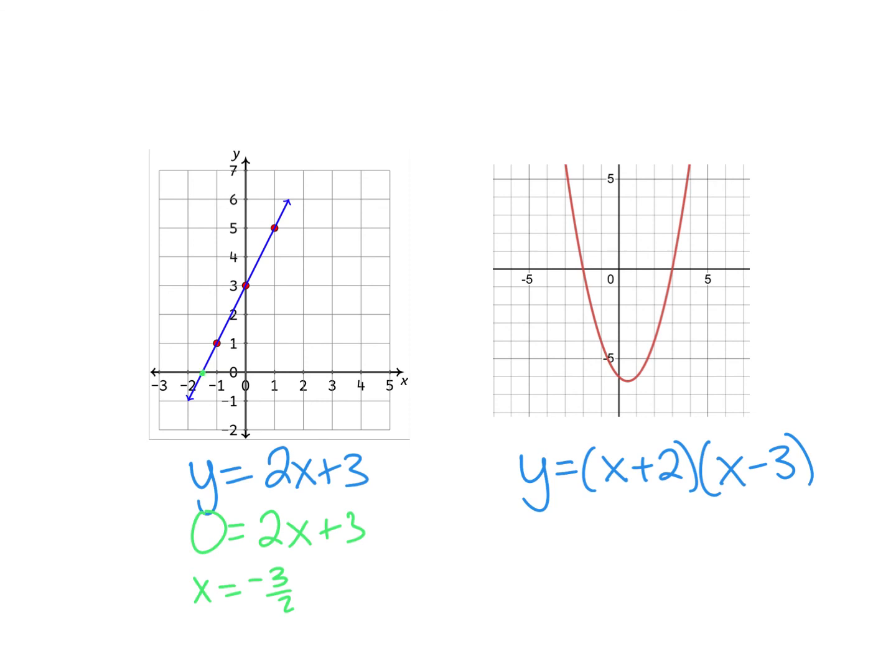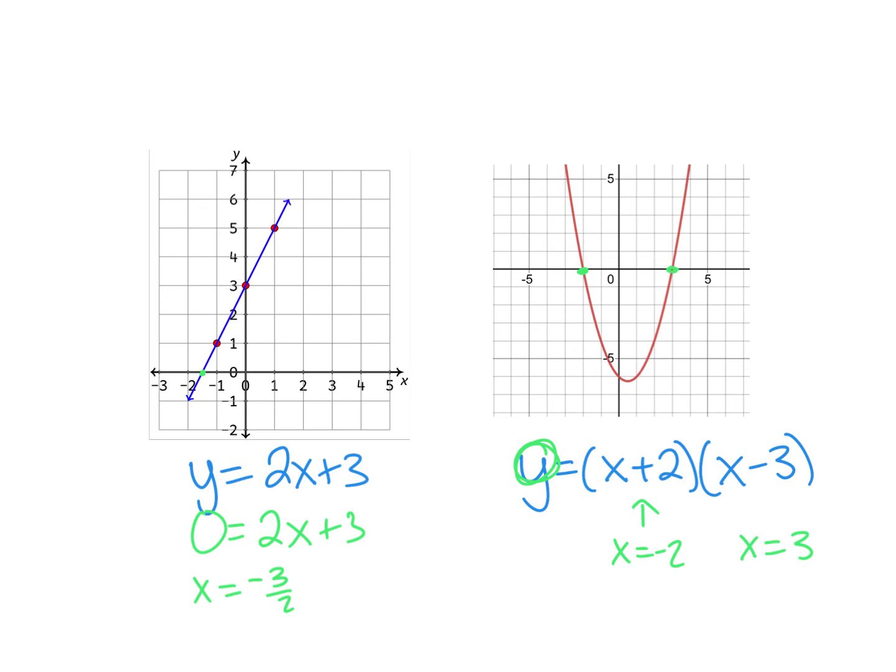But when we're dealing with things that are not linear, the x-intercepts become even more useful. So this equation I've written in factored form right here. And so I can see that my x-intercepts are x equals -2 and x equals 3, because my solutions when y is 0, which is how we find x-intercepts, are -2 or 3.